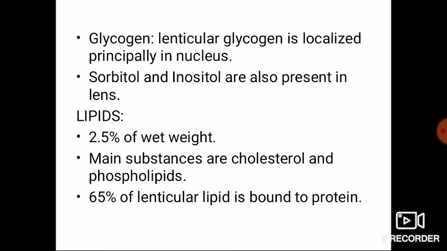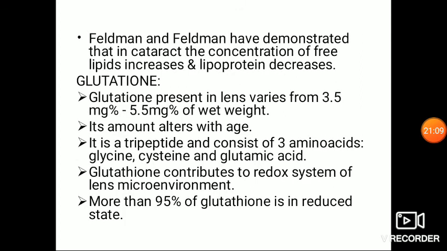Lipids are about 2.5%, and the main substances are cholesterol and phospholipids, out of which 65% of the lenticular lipid is bound to protein. Feldman has demonstrated that in cataract, the concentration of free lipids increases and the lipoprotein decreases.